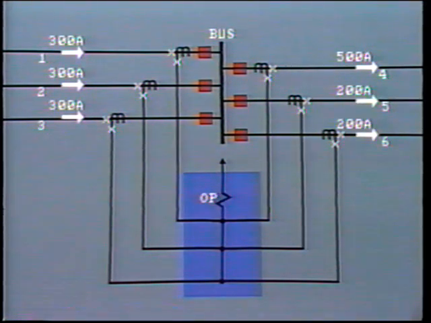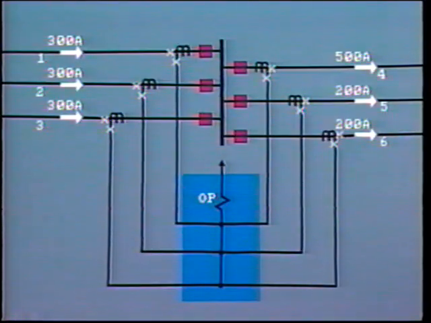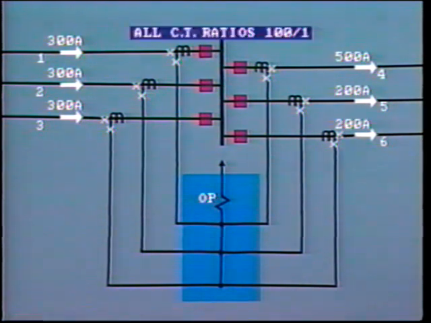There will normally be a set of CTs and a differential relay for each individual phase. For good performance, all of the CTs must be of identical manufacture and the same ratio. For simplicity, we'll look at just one phase on each line. Let's assume this to be 100 to 1 for a rating of 500 amps primary.